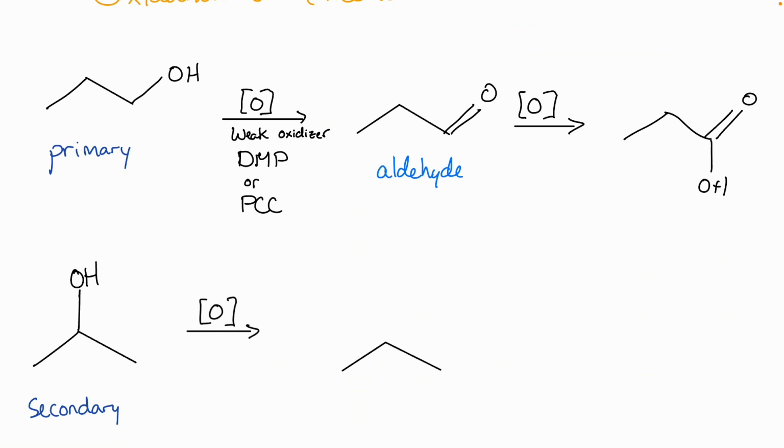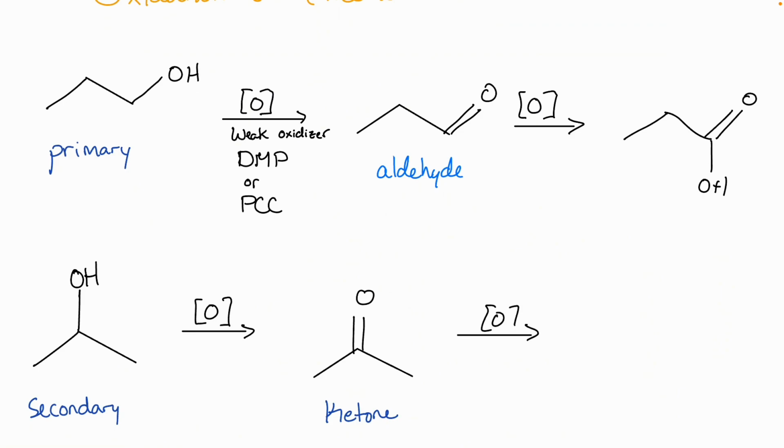What functional group? Aldehyde or ketone? Ketone, right? Since it's in the middle, we would get a ketone from a secondary alcohol. All right, and can I oxidize this any further? No. All right, so it's kind of stuck there. And because of that, we can either use a weak or strong oxidizer. All right, and the strong was that sodium dichromate business.